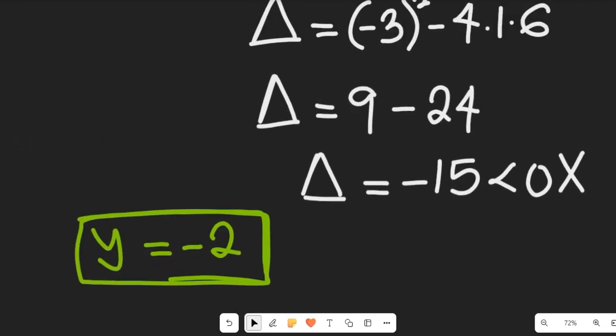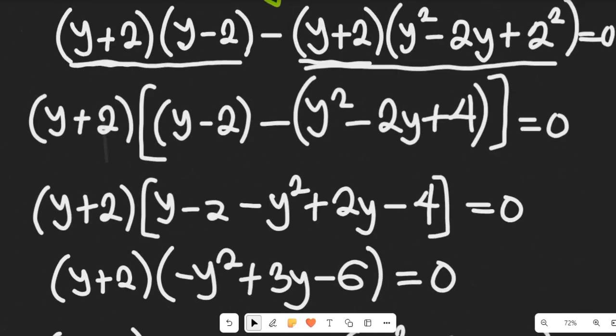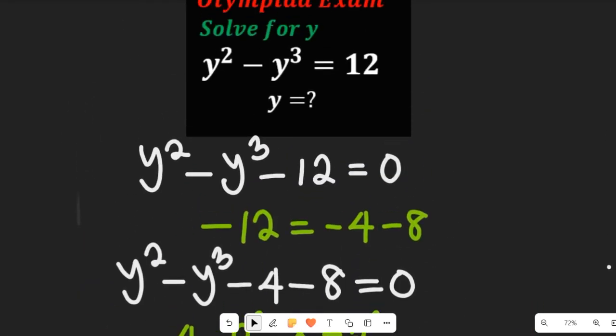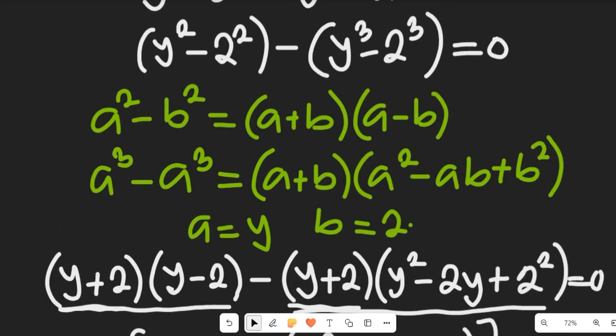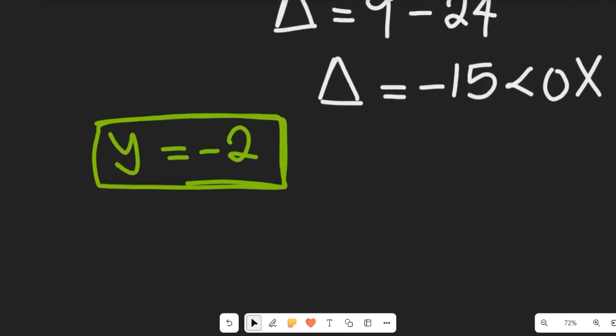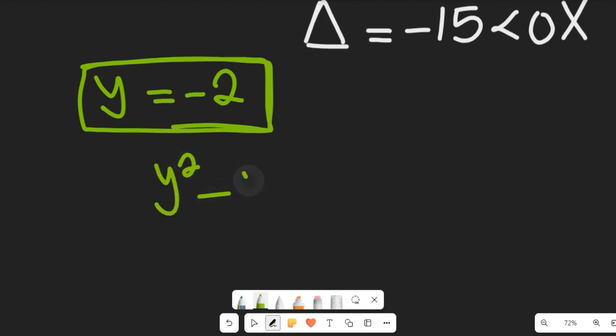Now we want to check to find out if the solution negative 2 is actually correct. We are going to insert that into the expression, and find out if that solution is actually right. From the initial expression, we are given y to the power of 2 minus y to the power of 3 to be equal to 12.